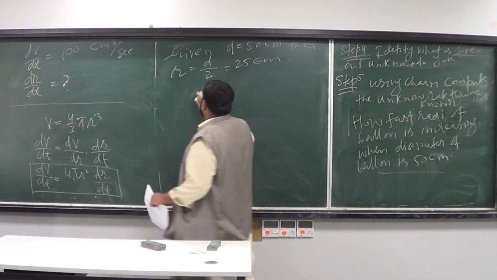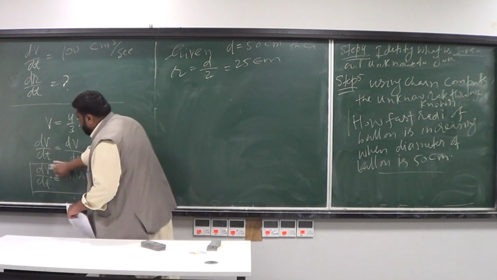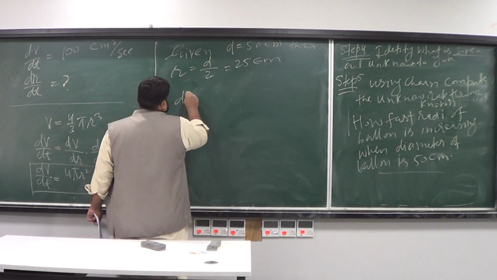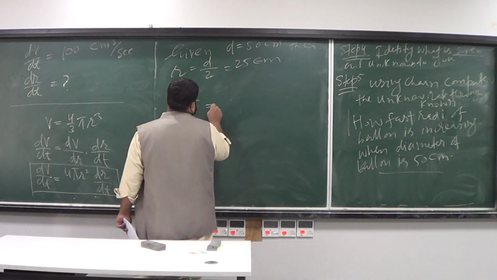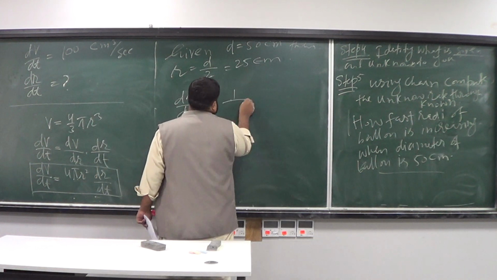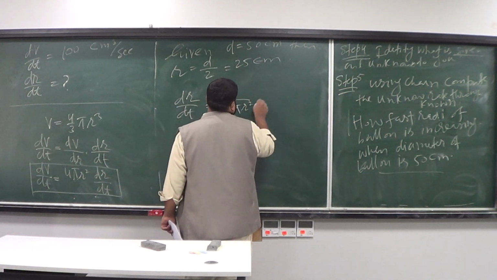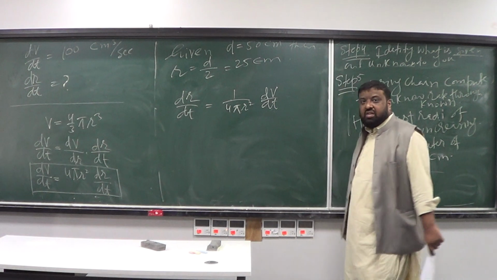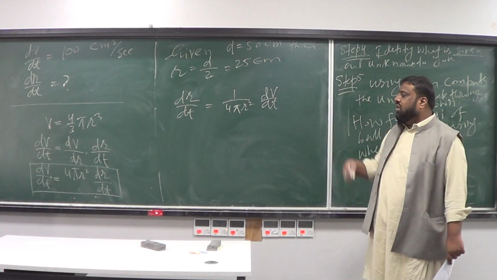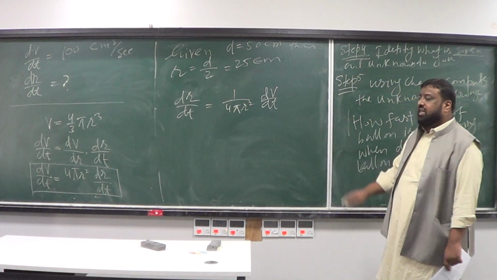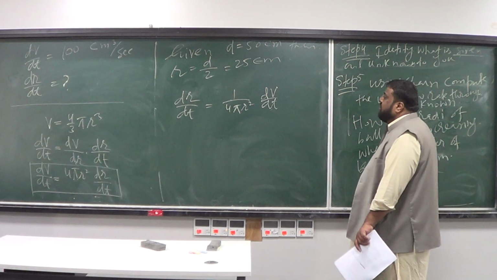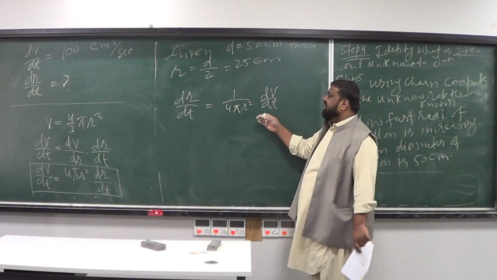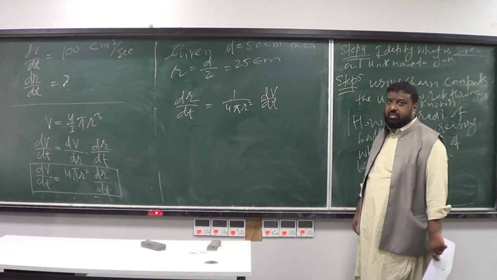And now using this value of r and the value of dV by dt, I can compute dr by dt. From this relationship, dr by dt is going to be 1 upon 4 pi r squared times dV by dt. Just throw 4 pi r squared on the other side, and you get such a relationship. Now you see that you have every piece of information needed to compute it.